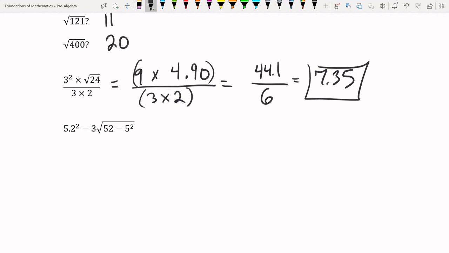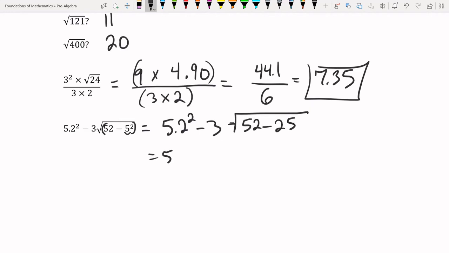Okay, the next one. Inside of a radical is parentheses. We have to do that first. 5.2 squared minus 3 times, inside we do 5 squared first. That's going to be 5 times 5 is 25. 52 minus 25. Then we do the 52 minus 25 next. That's still inside parentheses.